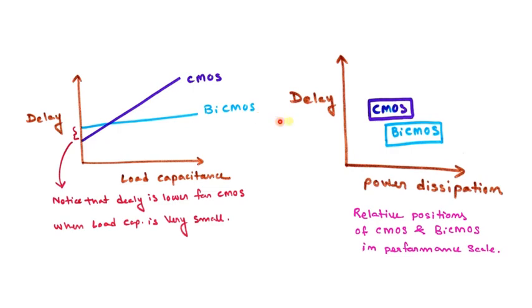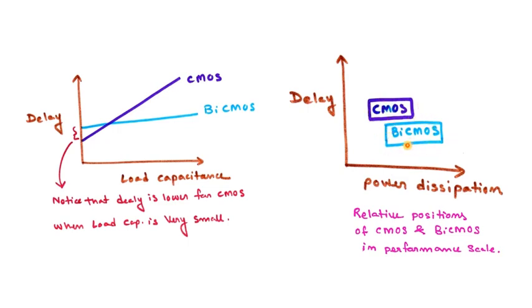If we try to position the CMOS and BiCMOS in terms of their delay and power dissipation in the same plot, then probably we have to put their positions as shown in this figure.